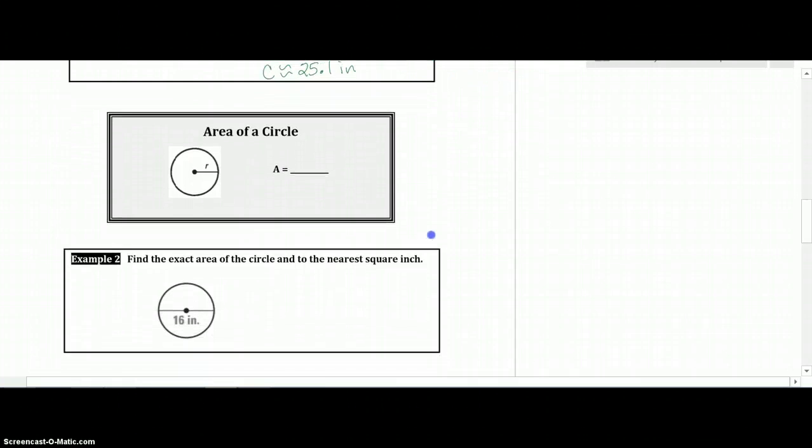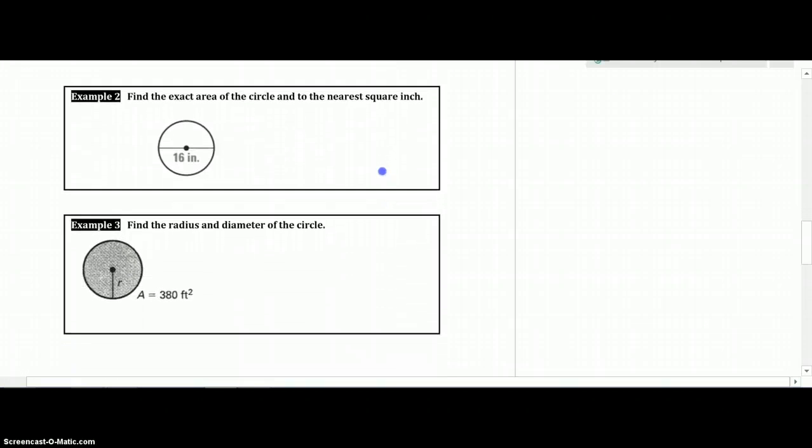Okay, the area of a circle is pi r squared, and you can remember that because the units for area is squared, so the radius is squared for area, and there's only one formula for that. So find the exact area of the circle to the nearest square inch. Okay, so here we are given the diameter, so we need to cut that in half for the radius, so the radius is 8.